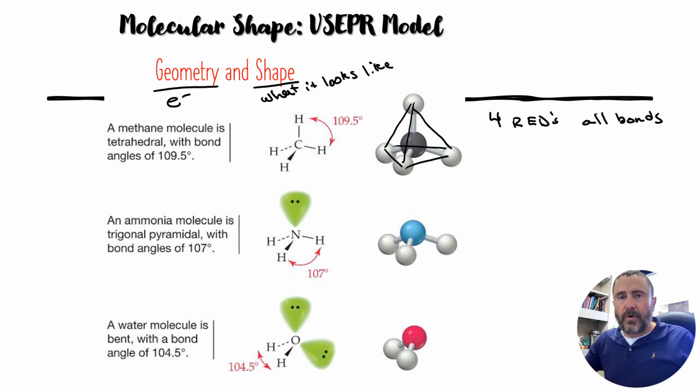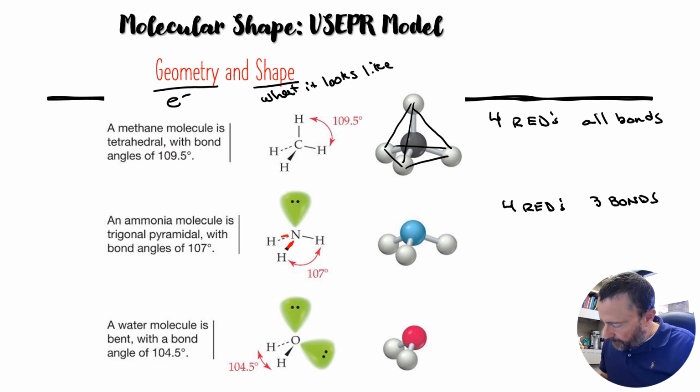Now if I move down to ammonia, it also has 4 regions of electron density. 3 of them are bonds, right? I'm going to draw those as those little red lines there. And then it has this one lone pair of electrons when it was drawn out.